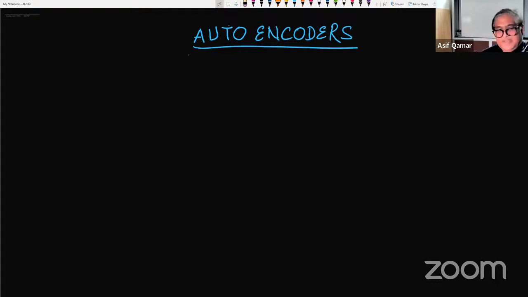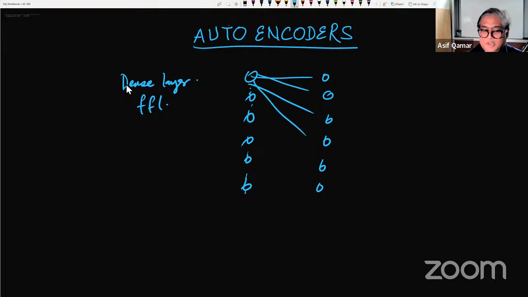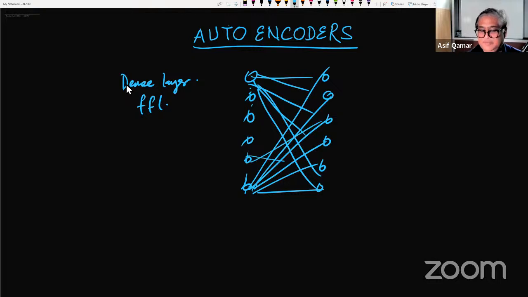If you recall, we did feed-forward networks so far, right? Dense nets, or feed-forward layers, and everything in between.